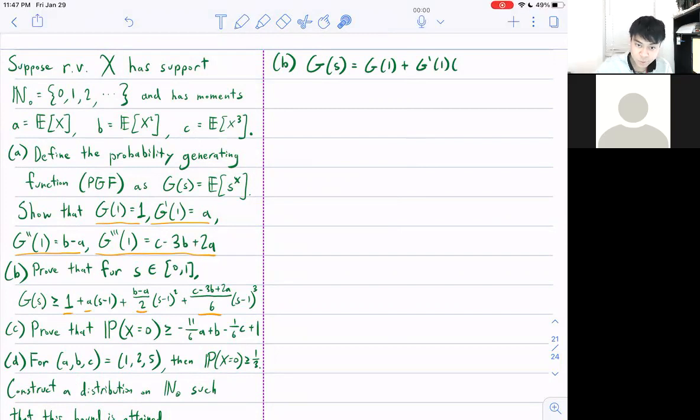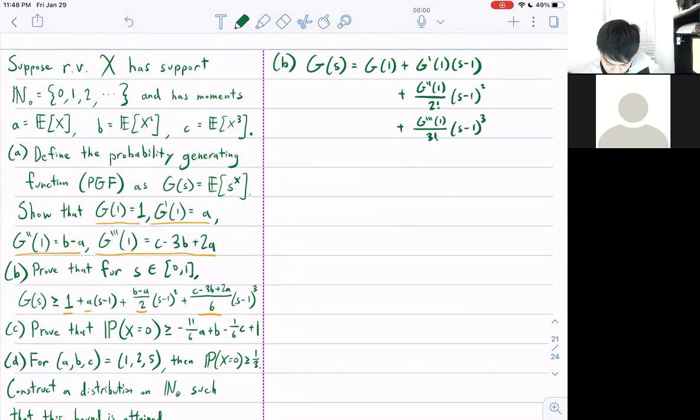And then that remainder term we'll write in terms of the remainder portion of Taylor's theorem. So this becomes g prime at 1 times s minus 1, plus the second derivative evaluated at 1 divided by 2 factorial times s minus 1 squared, plus the third derivative at 1 divided by 3 factorial times s minus 1 cubed. And then we don't have a fourth portion, so we want to stop that expansion right at that point.